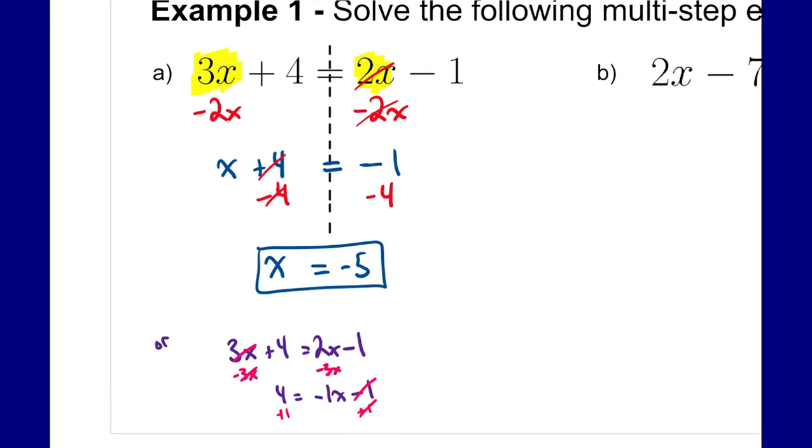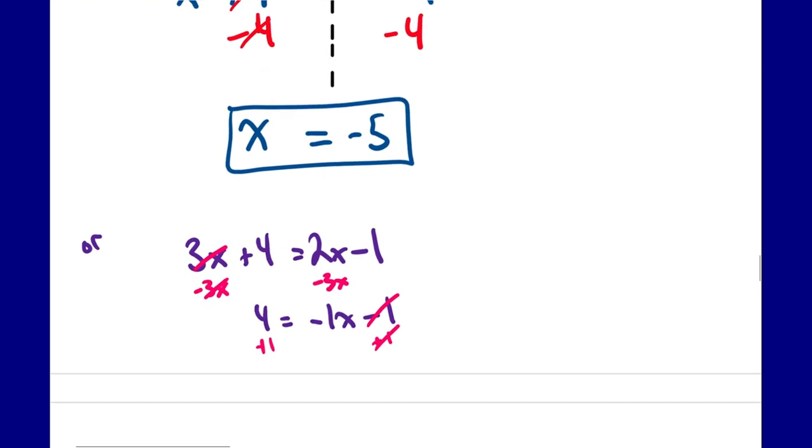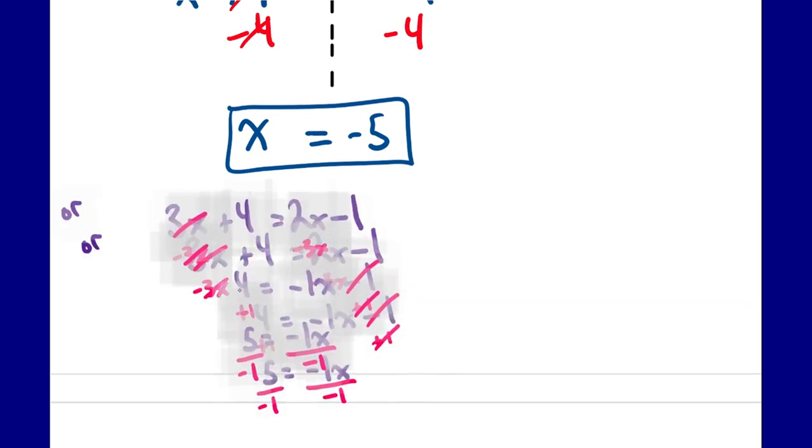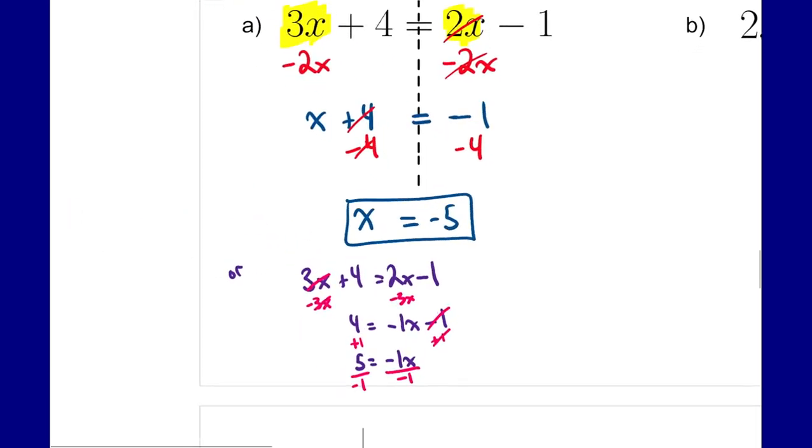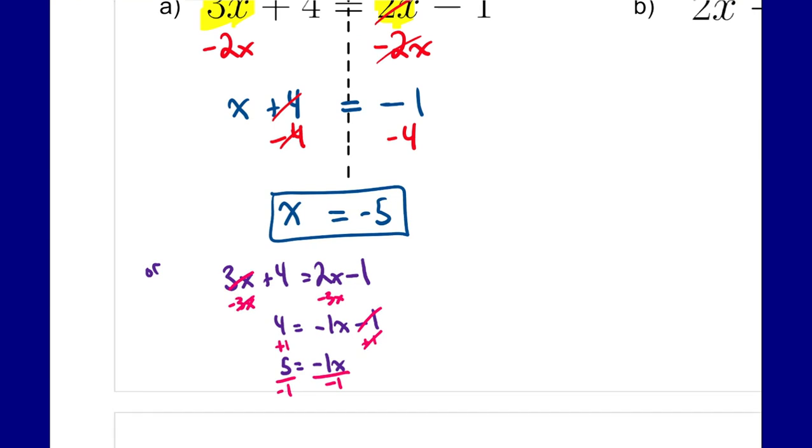One side cancels out. I'm then left with 5 is equal to negative 1x. I don't want a negative in front, so I have to divide by negative 1 on both sides. Then the negative 1's cancel out on the one side, and I'm left with negative 5 equals x.